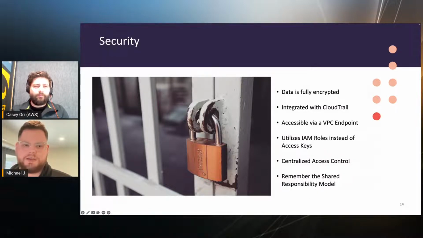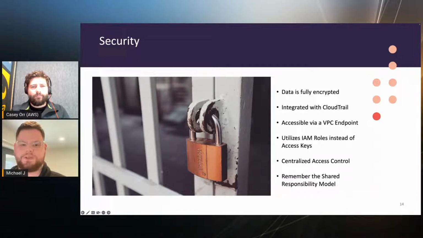About Control Tower, one of my colleagues, Martin Carrolls, did a presentation earlier this year that goes over Control Tower, if you're interested. You might be able to see that on YouTube.